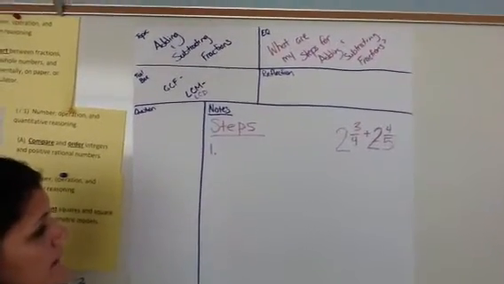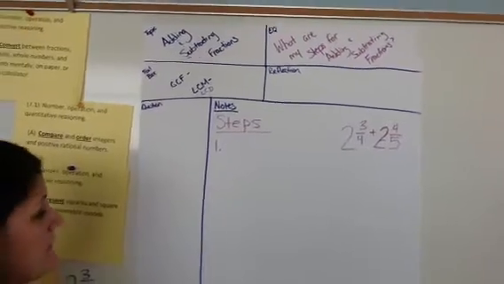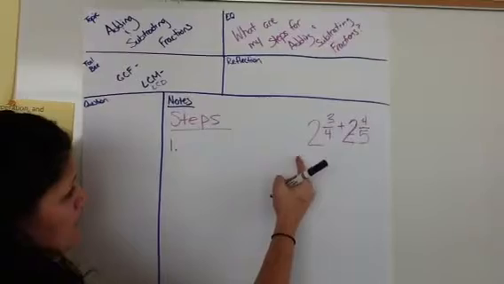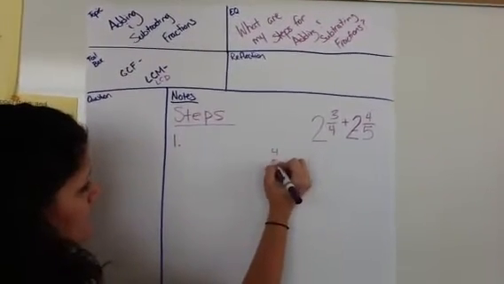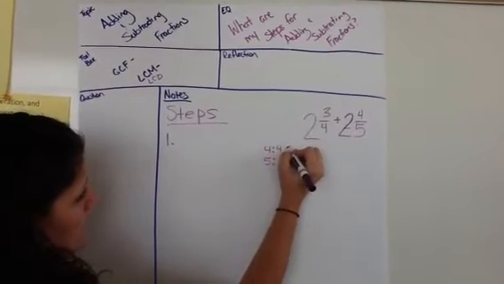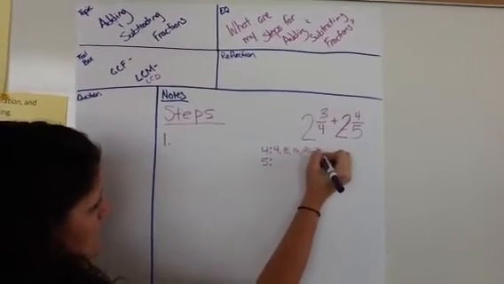So you need to find a least common multiple for your denominator. So you're going to list the multiples of 4 and 5. So that would be 4, 8, 16, 20, 24.